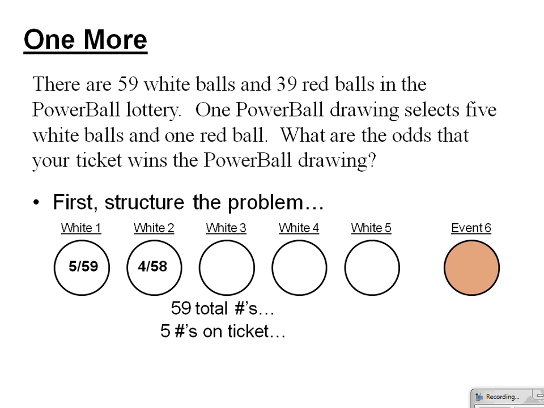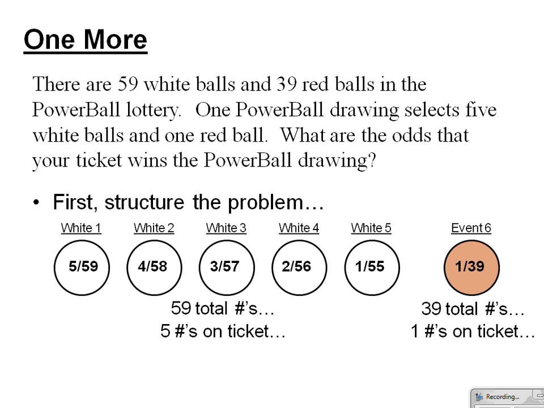Then in the third event, there's only 3 numbers remaining that we want out of 57 numbers remaining, and then 2 out of 56, and 1 out of 55. Then in the red Powerball drawing, there's 39 total balls to select from, and there's only 1 number on our ticket that we want. So the odds of drawing the Powerball that we want to have drawn is 1 out of 39.